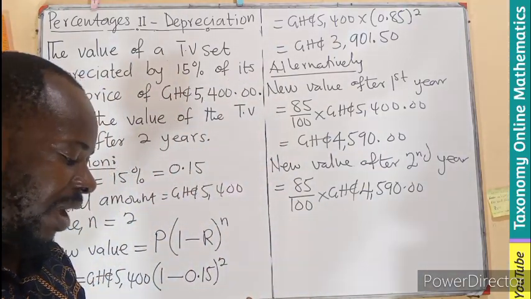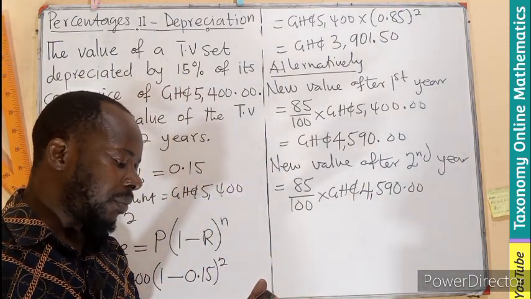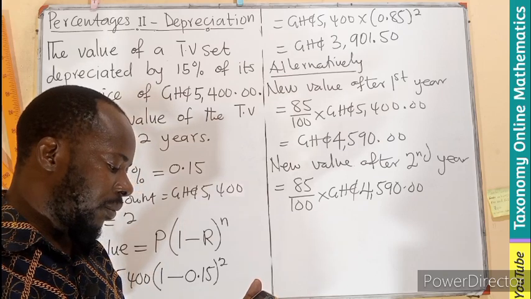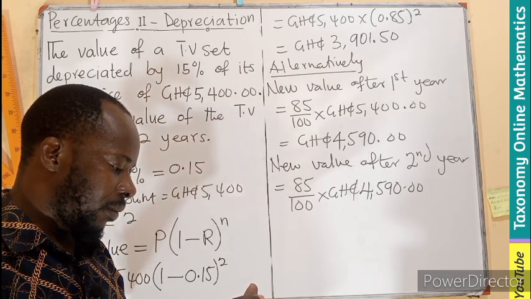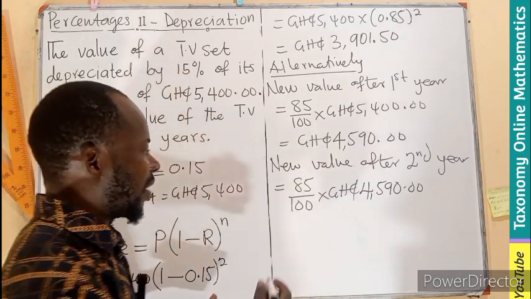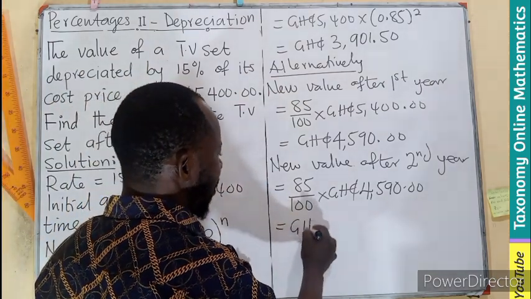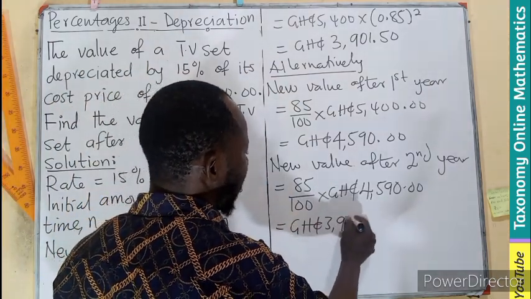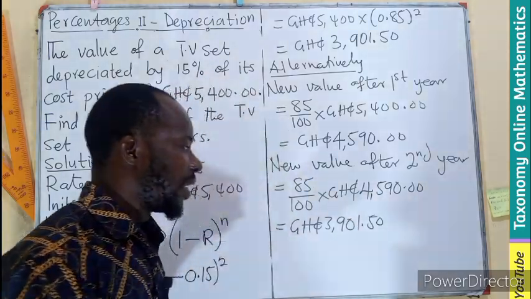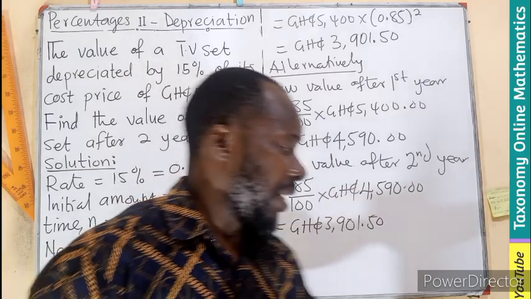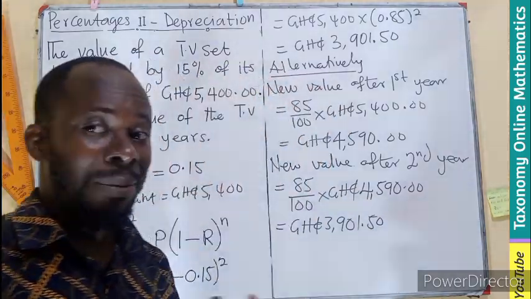So let's find the value of that. If you find the value of that, you should be coming back to 3,901.50. So we can see in depreciation, the step-by-step approach.